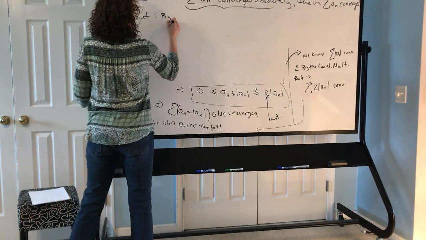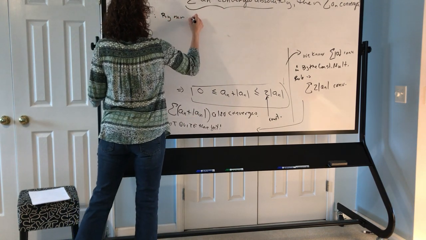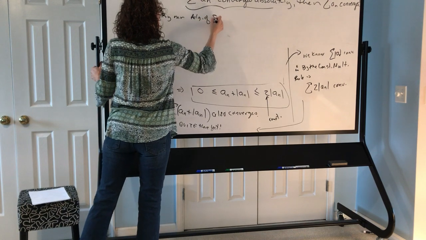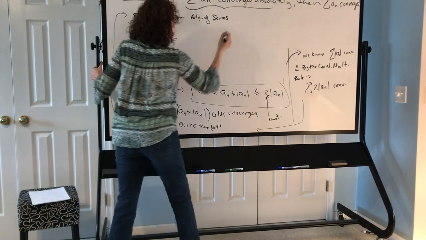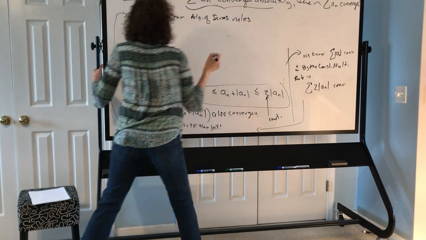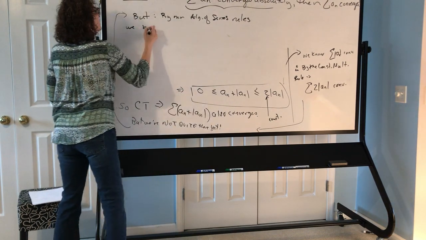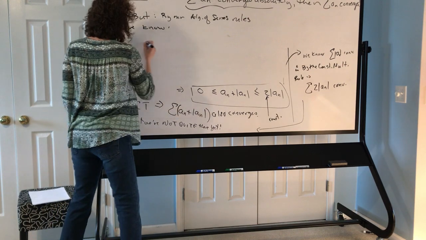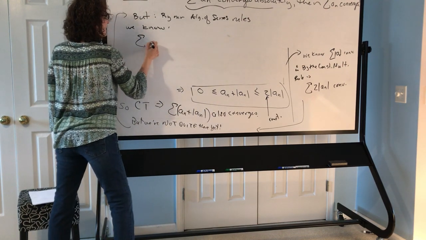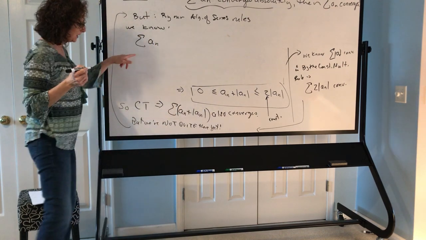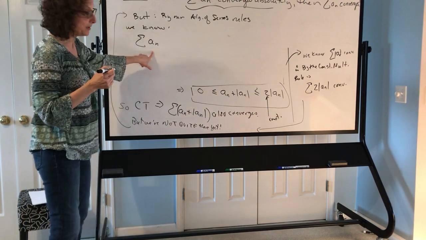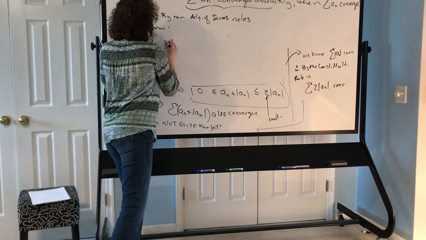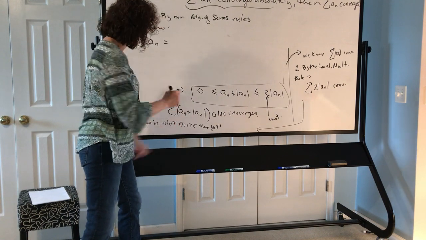By our algebra of series rules, which we've proved, right? We know what? Well, let's see. We've got the sum of a_n, right? That's kind of what we want, okay? We want to be able to say that that converges, right? But we need to somehow use this, right?